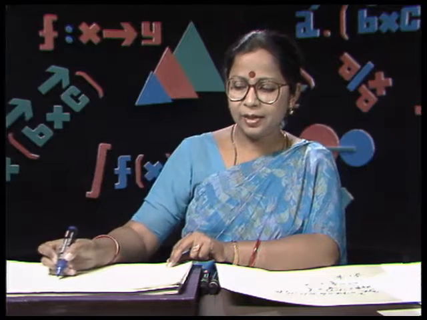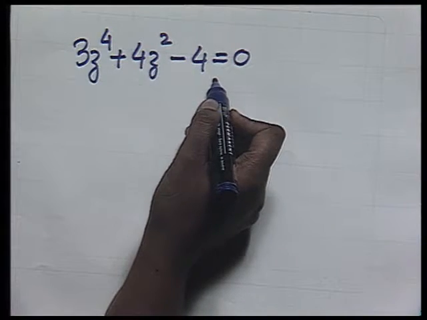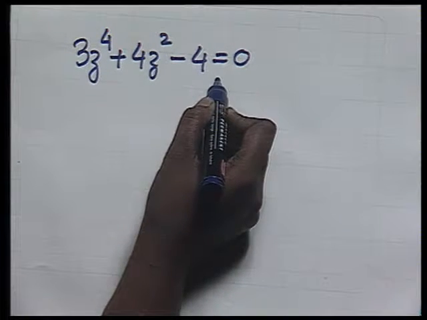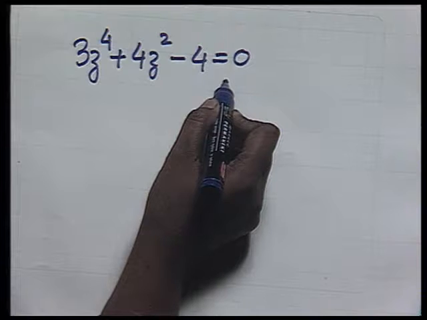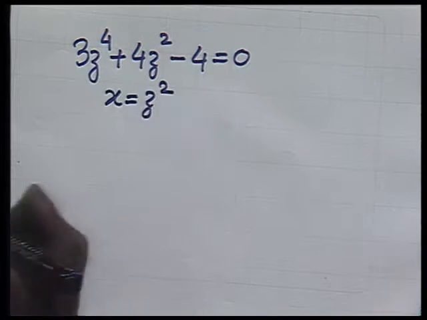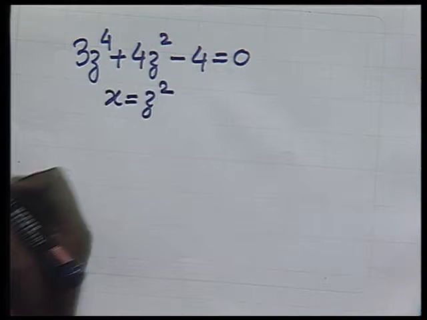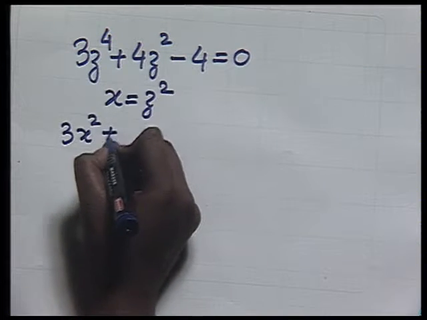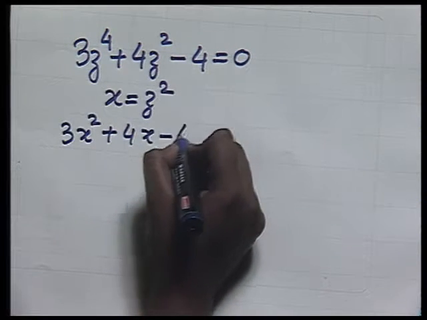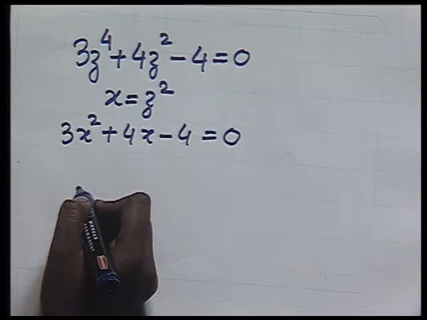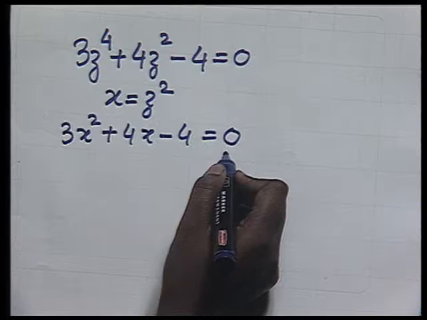Now, can we reduce this equation to quadratic form? Since the powers of z are even here, this equation can be reduced to quadratic form by the substitution x is equal to z square, so that this equation becomes 3x square plus 4x minus 4 equal to 0. Now, this equation can be factorized because this is a quadratic equation, and we know how to solve it.